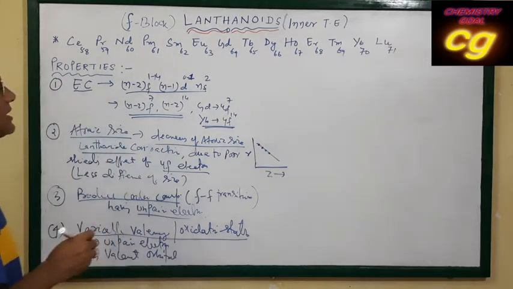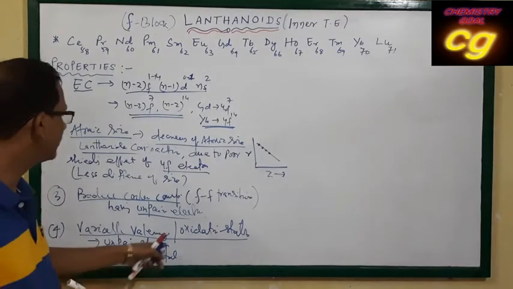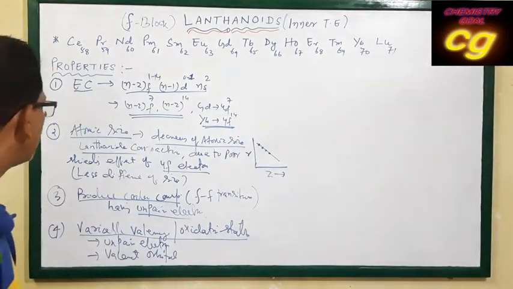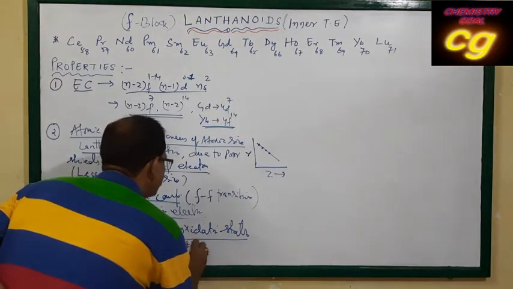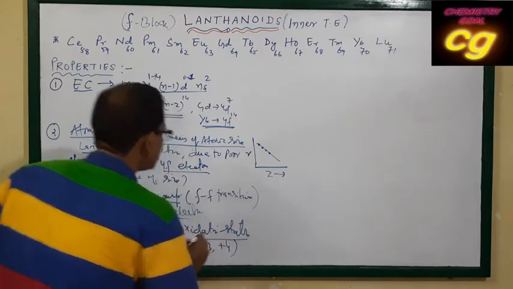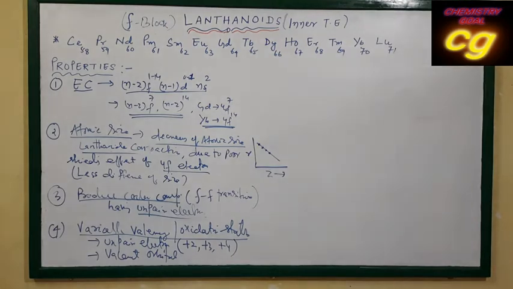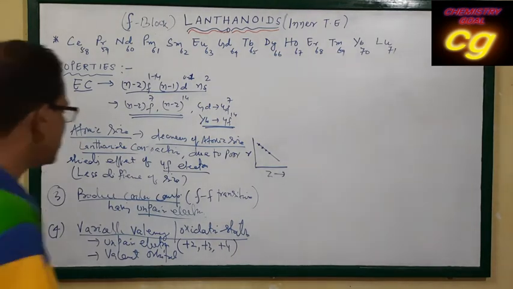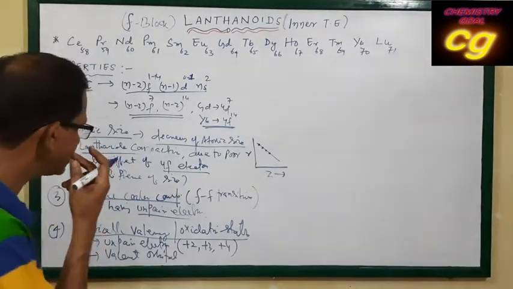Here the vacant orbitals are f and d, both are vacant orbitals, and unpaired electrons. But it is observed that it shows mainly +2, +3 and +4 oxidation states.